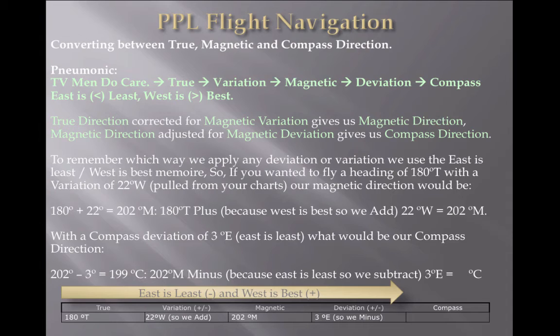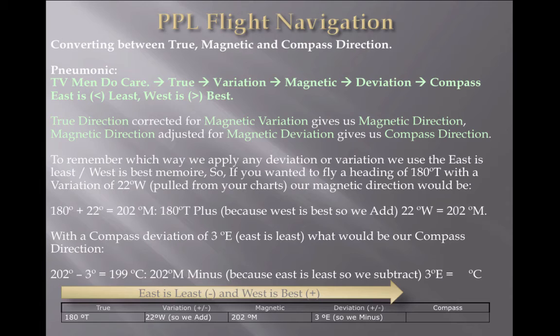The mnemonic that we've selected to use here, although there are many mnemonics that are used and referenced, this is certainly one of the cleaner ones, is TV men do care. TVMDC. And that converts into true, variation, magnetic, deviation, and compass.